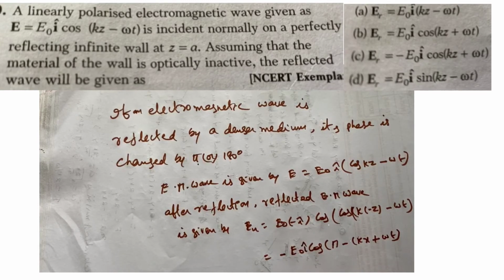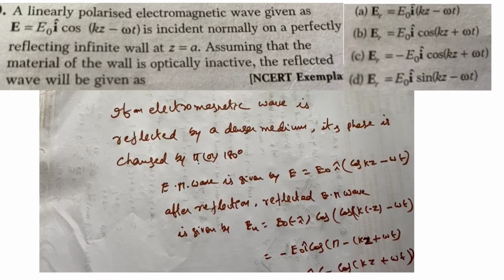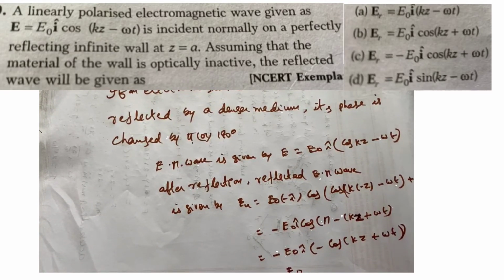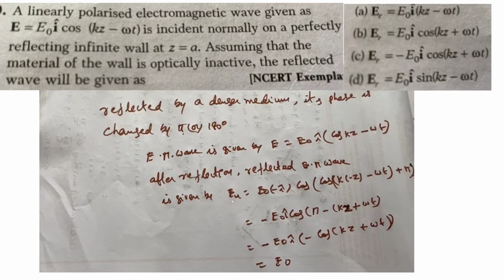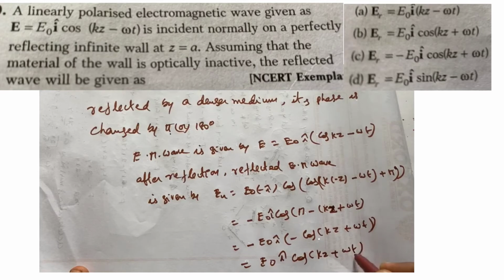It equals minus E naught i cap minus cos of kz plus omega t. It equals E naught i cap cos of kz plus omega t.